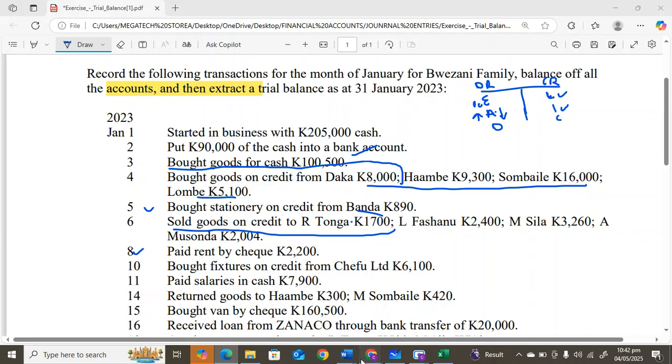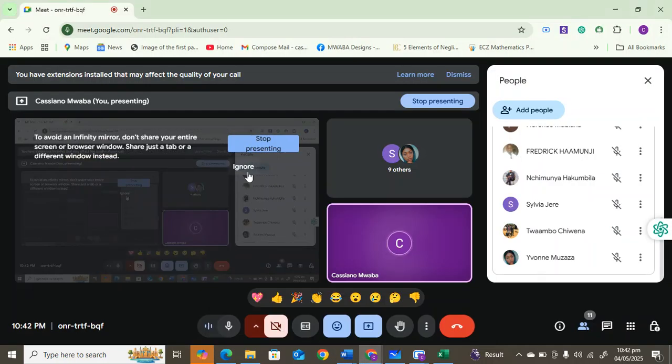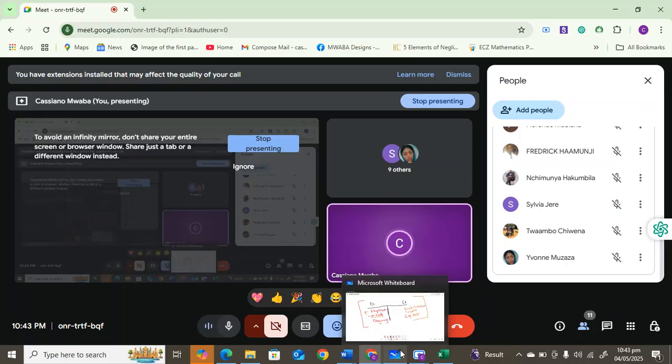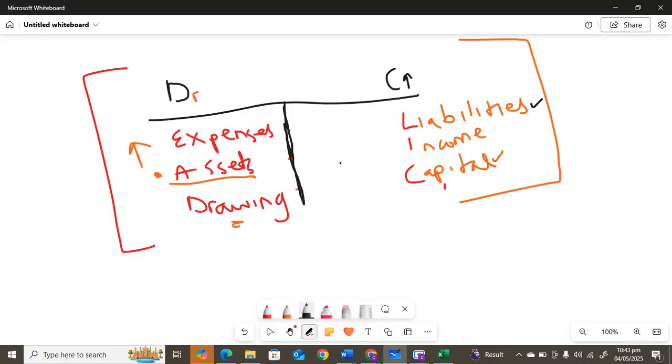I'm just saying that kindly explain to the other colleagues so that everyone is on board, according to the double entry rules, why we're debiting rent, no, we're crediting cash. Okay, colleagues, anyone to explain why we're debiting rent and why we're crediting cash? Here the double entry rules. Oh, bank, yes, bank.